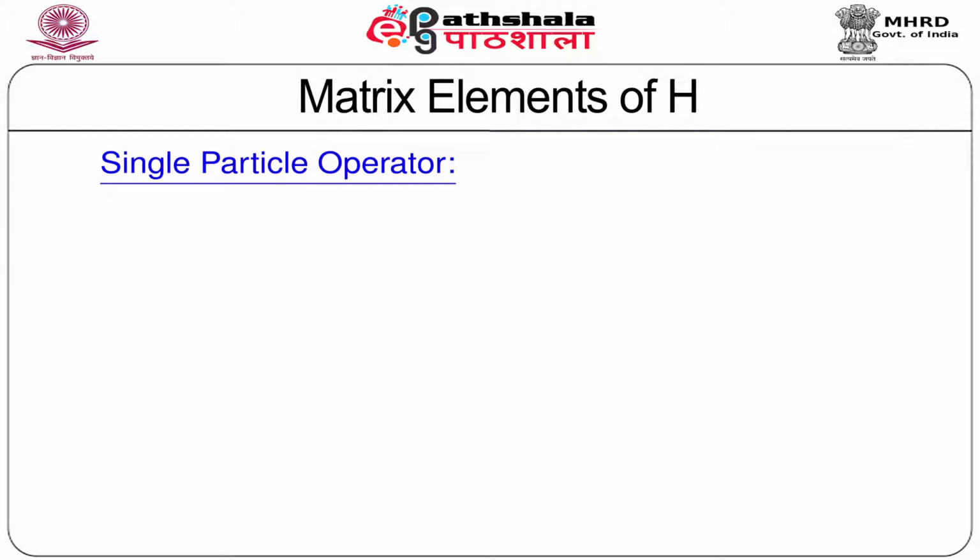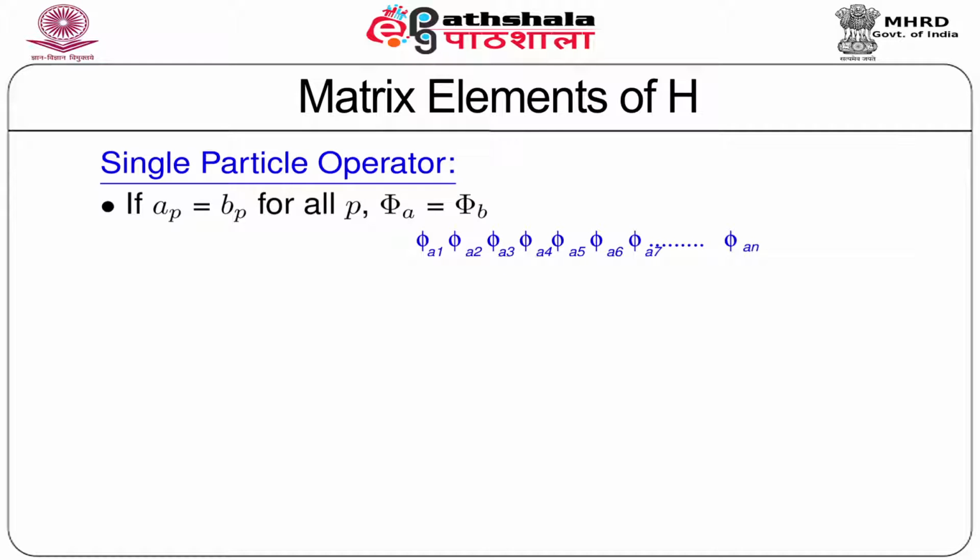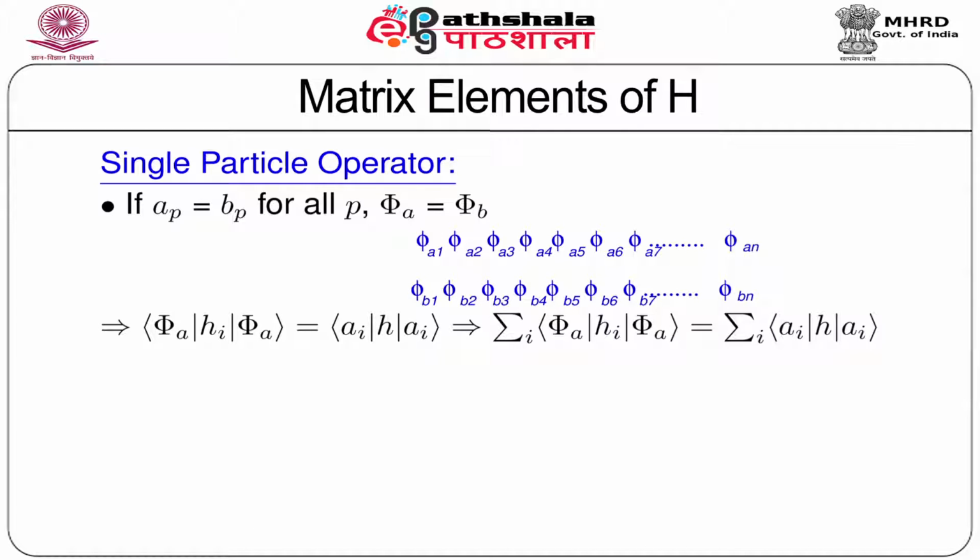Let us first consider the single particle operator and the situation where the single electron wave function labels for phi A, namely AP, are equal to the labels in phi B, given by BP, for all P. In other words, now phi A is equal to phi B. In this case, the matrix element is given by summation over i of AI little h AI.